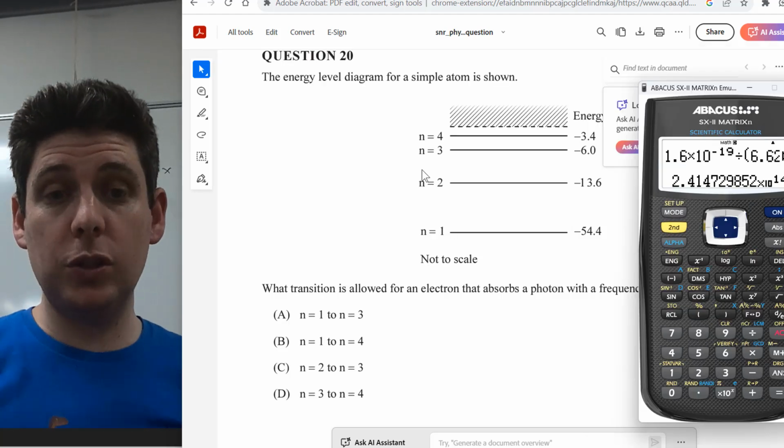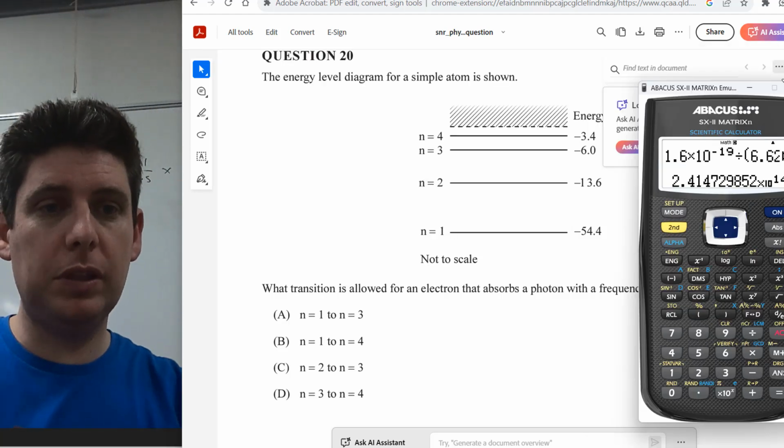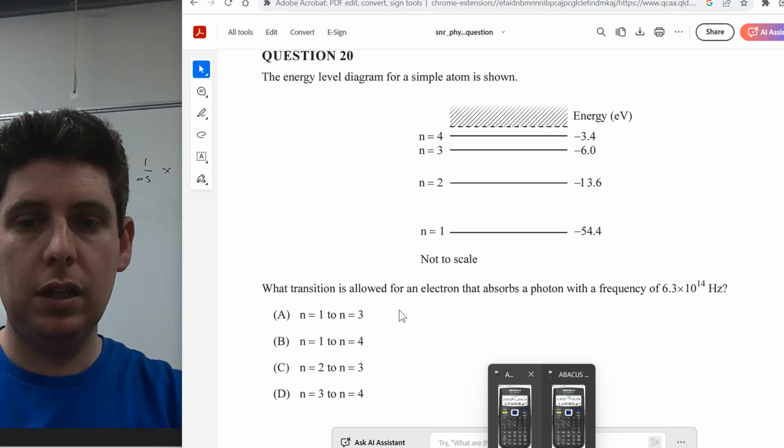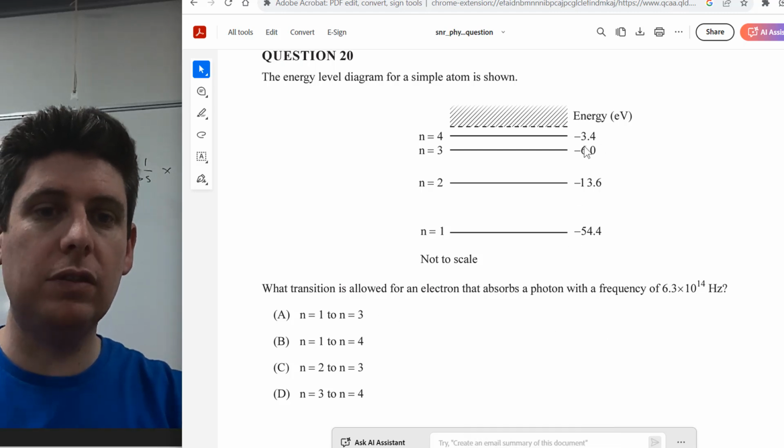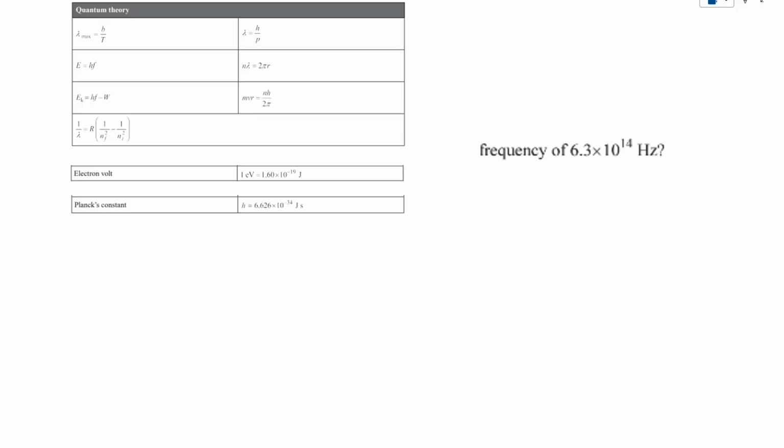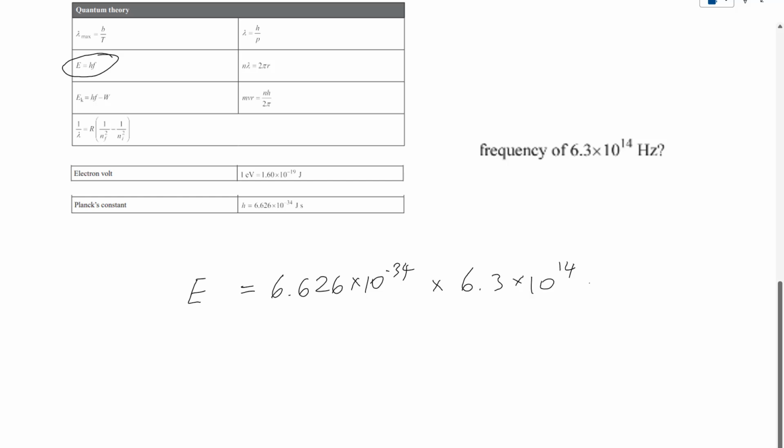To do question 20, I think it's possibly the hardest. We've got to get a change in energy level. So we're going to use the formula here. I'm going to do Planck's constant times the frequency. And we've got to convert this to eV.